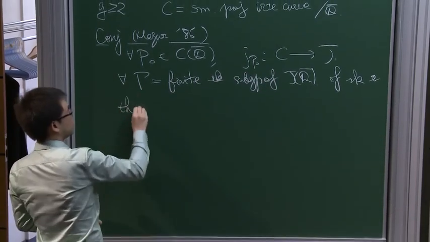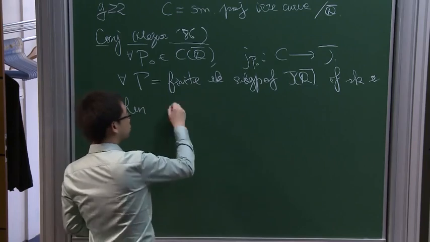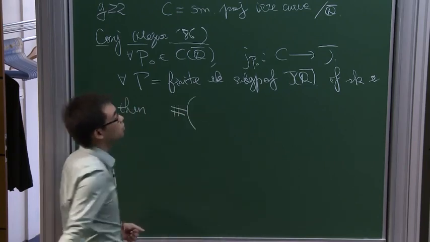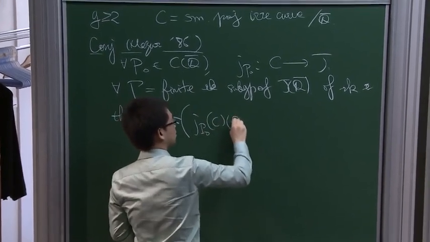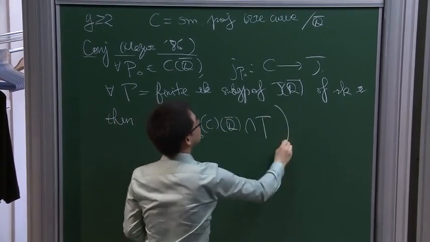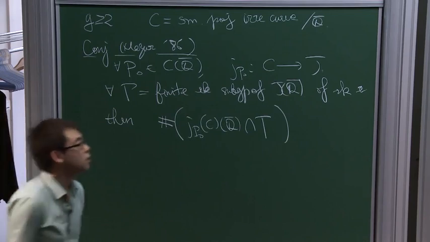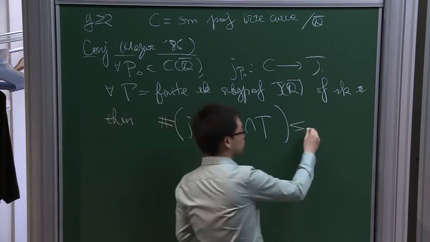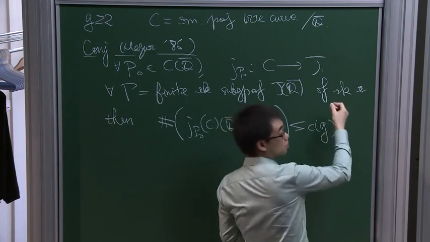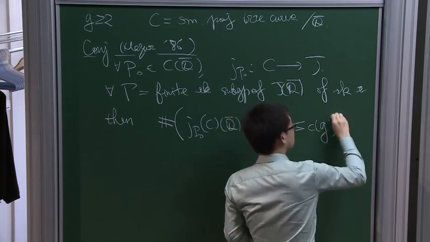Then we hope that the cardinality of the following set, the points on C intersect this finite rank subgroup, has a bound that is not really uniform, but uniform only in terms of the rank.